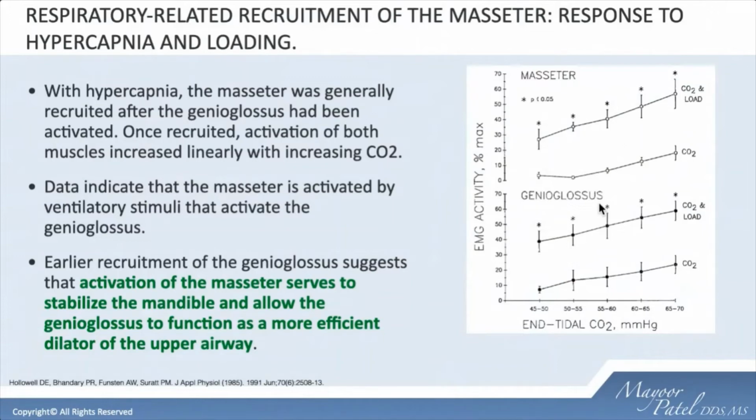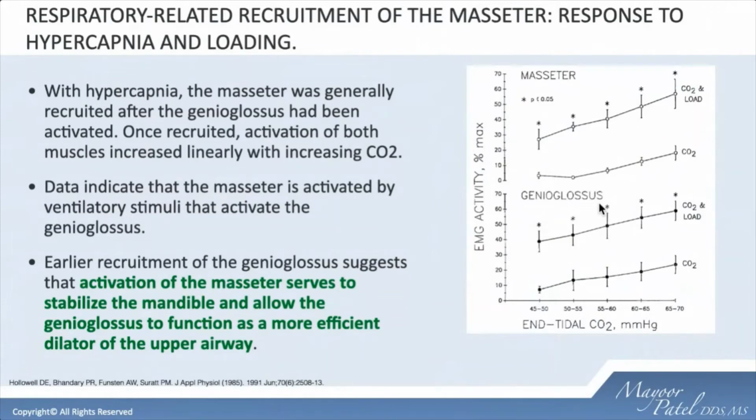As CO2 levels increased, they found that the masseter muscle fired, and as soon as it fired, the genioglossus muscle fired as well. What they speculate is the genioglossus muscle is basically an airway dilator. For us to get air, the tongue has to move forward, but for the tongue to move forward, since it's attached to the geniotubercle, the mandible needs to be braced. And in this case, the elevator muscles need to be fired.